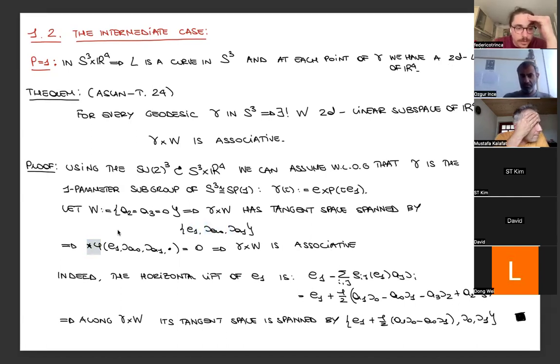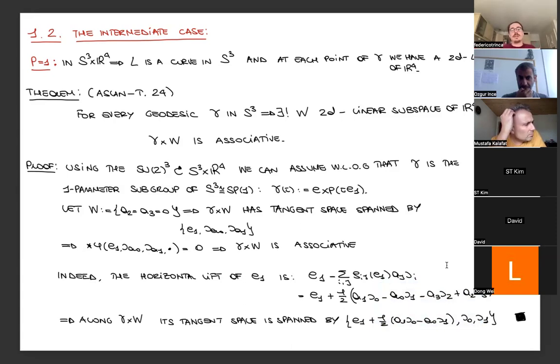You could do that just by plugging these vectors into the explicit formula, but it's easier to rewrite your E1 in its horizontal lift. The horizontal lift of E1 is precisely given by E1 plus 1/2 (A1 ∂0 minus A0 ∂1), and so on. And so the tangent space of gamma times W is in reality spanned by the horizontal lift of E1, ∂0, ∂1, because we are restricting ourselves to the case where A2 and A3 are equal to 0, so these last two terms vanish.